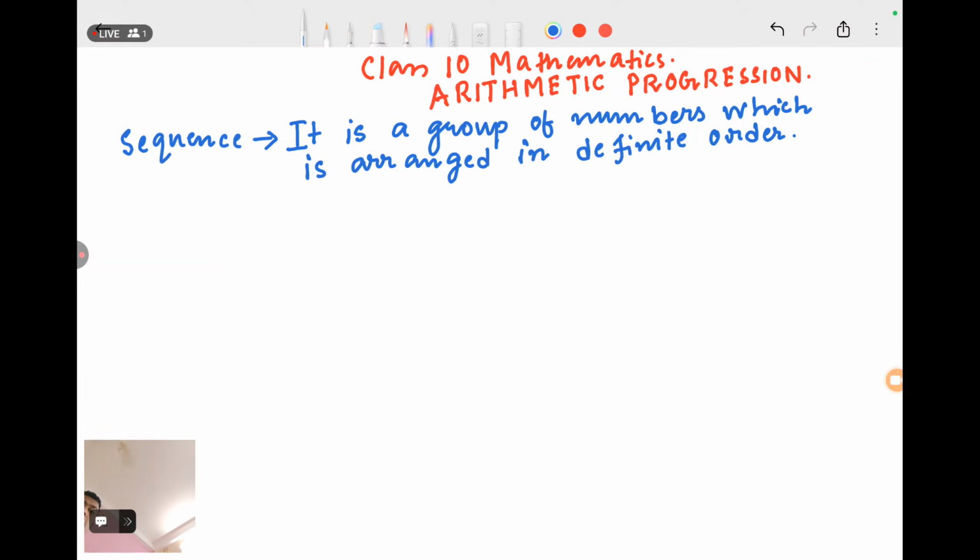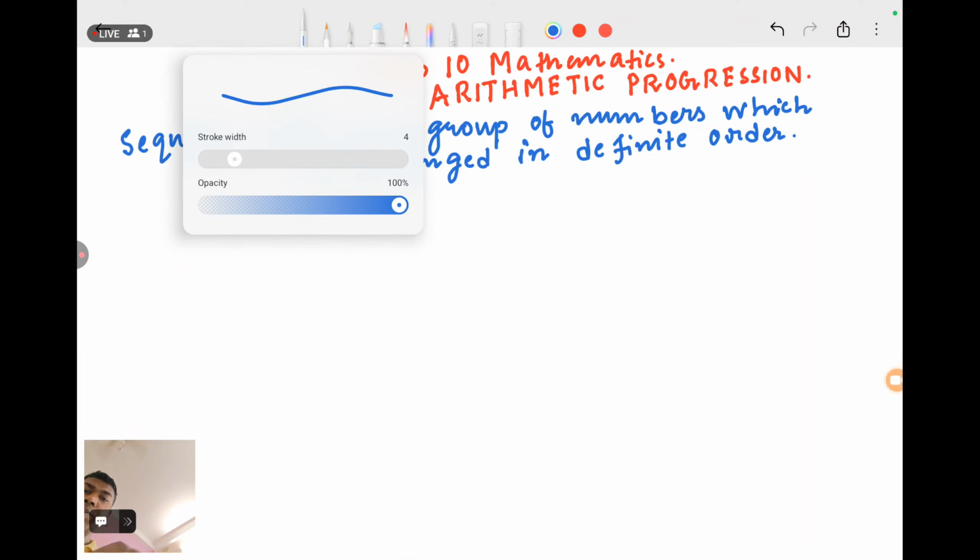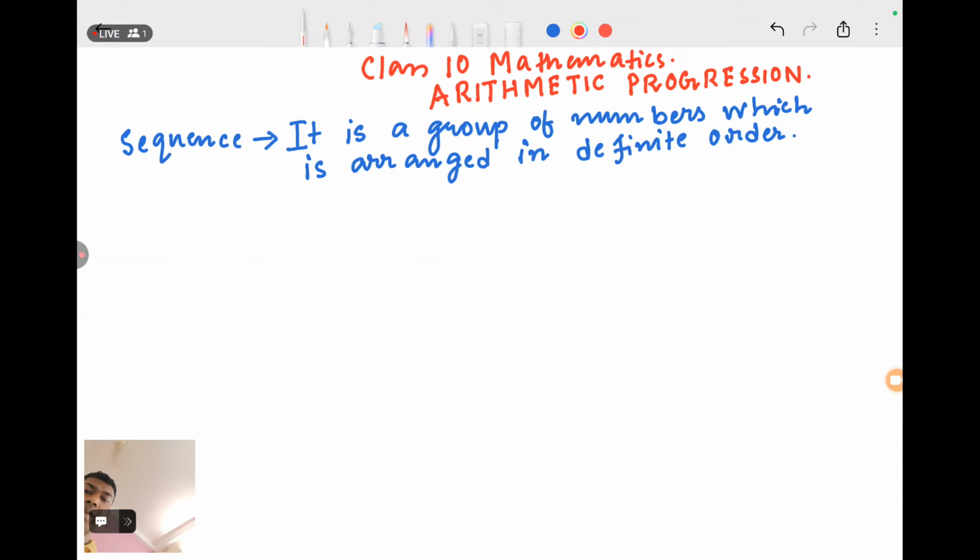So what is a sequence? Sequence is a group of numbers which are arranged in a definite order.